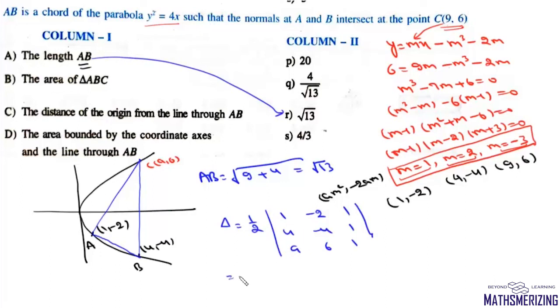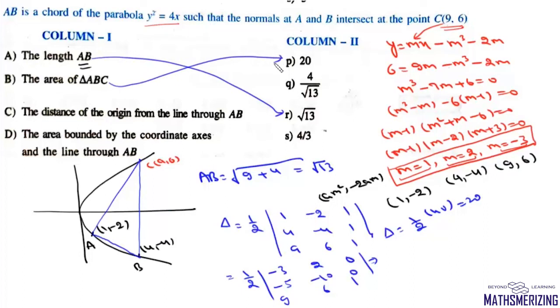So we can write this as 1 by 2 times: minus 3, plus 2, 0; and now here it will be minus 5, minus 10, 0; and this is 9, 6 and 1. So we can write this area as 1 by 2 times 30 plus 10. So that should be 40, and it is 20. So the area of this triangle ABC is simply 20 units. So option B is matched to P.